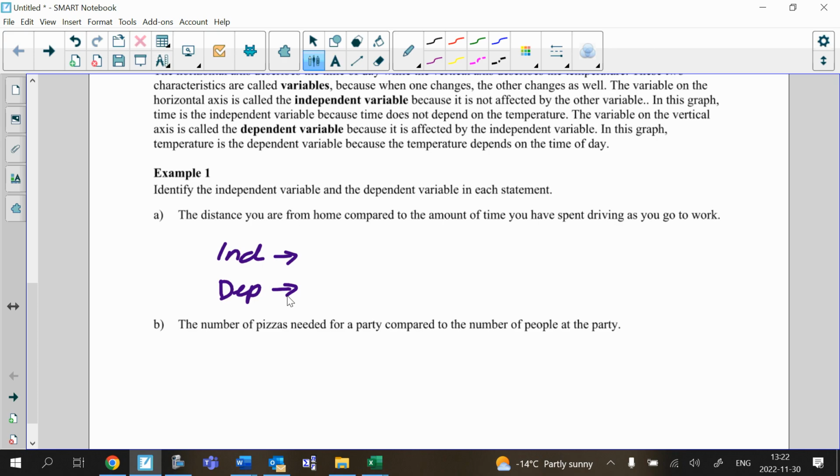Therefore the dependent would be the distance, because you decide how much you're going to drive, and the distance changes depending on how much you decide to drive. Okay, so time driving would be the independent here. Distance from home would be the dependent.